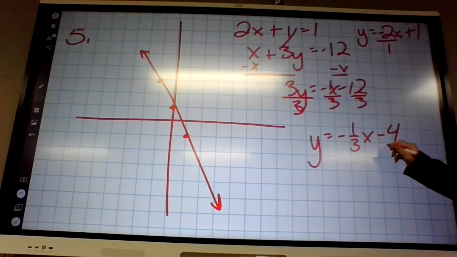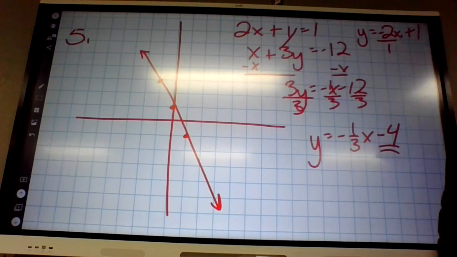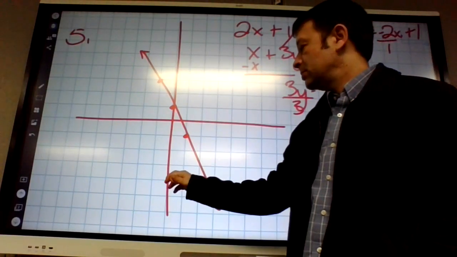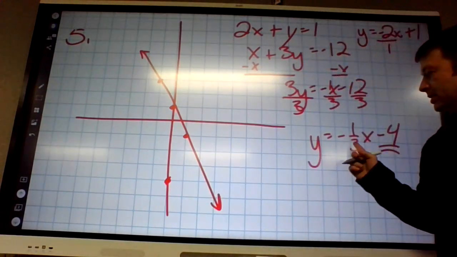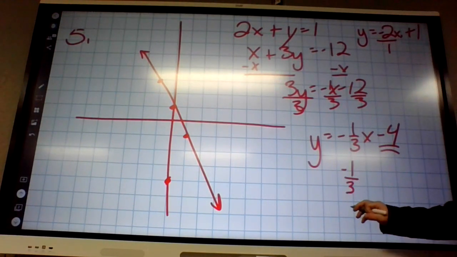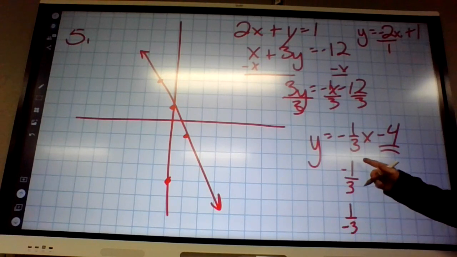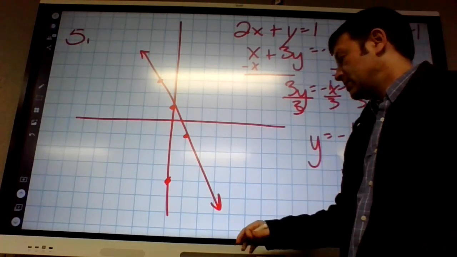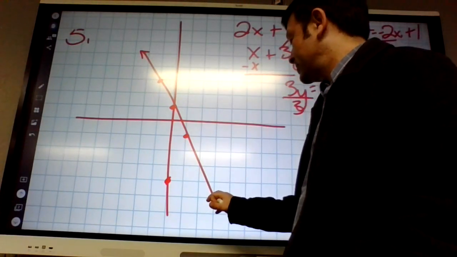Okay, and then on this one, the y-intercept is -4. Slope is -1/3. That's like down 1, right 3, or it's up 1, left 3. So I'm going to go down 1, right 3, because that's where it hits this line, right?